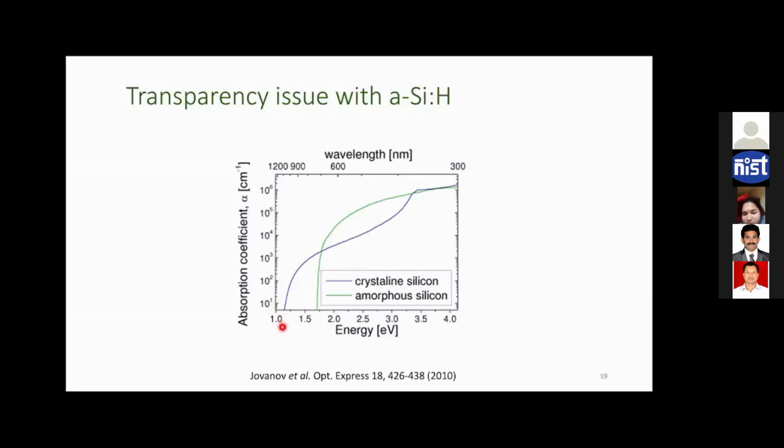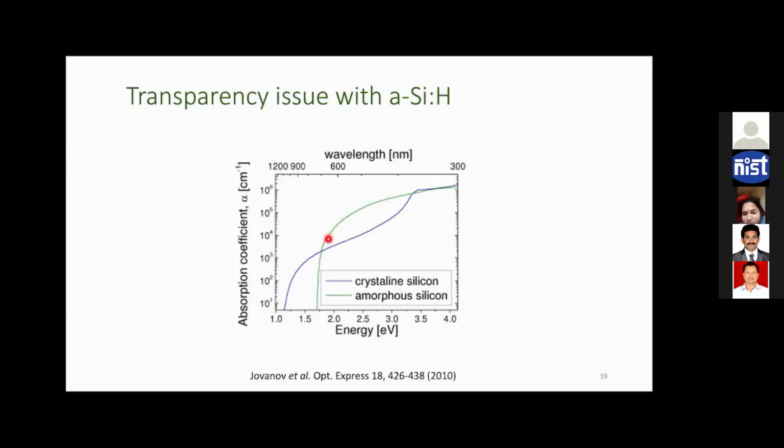Now see, amorphous silicon has a band gap around 1.7 electron volt. So it cannot absorb light which is lower than 1.7 electron volt, but it is a very efficient absorber of light for energies greater than 1.7. It is even more efficient than crystalline silicon for some energy range.